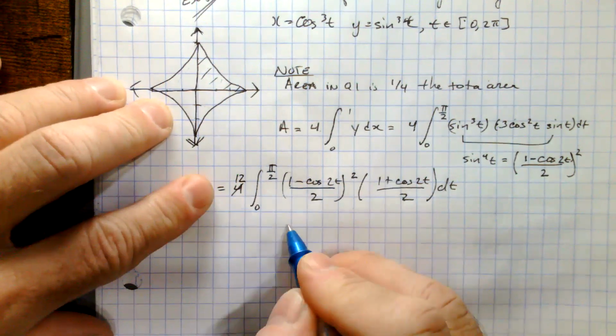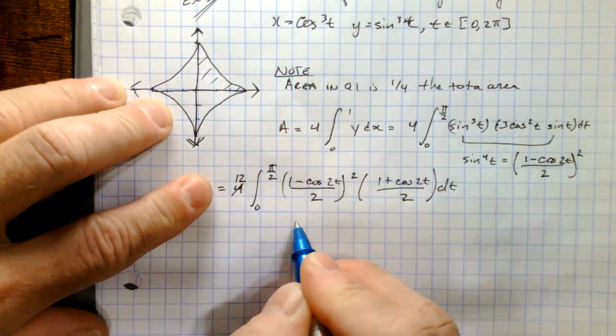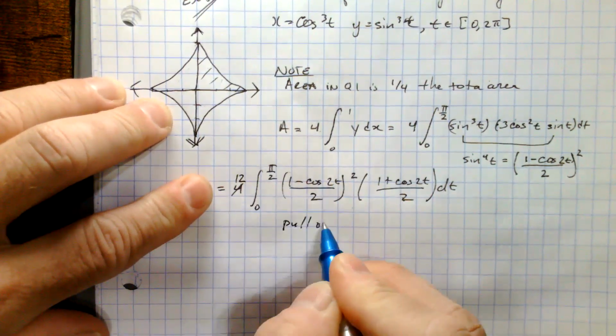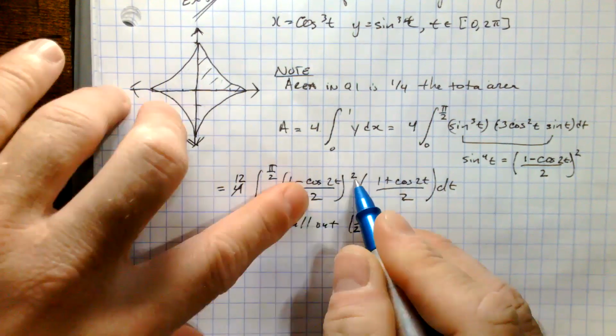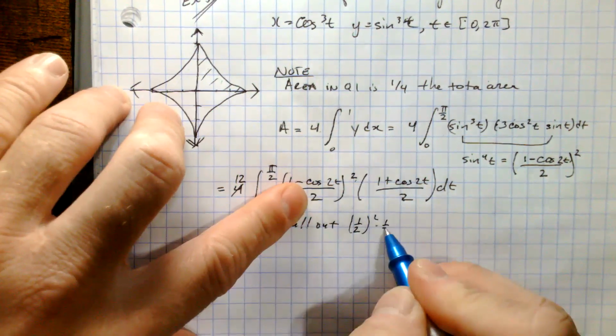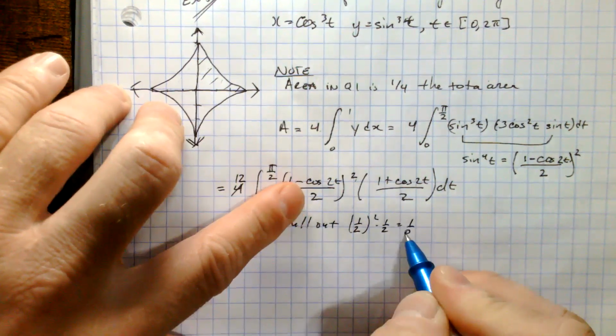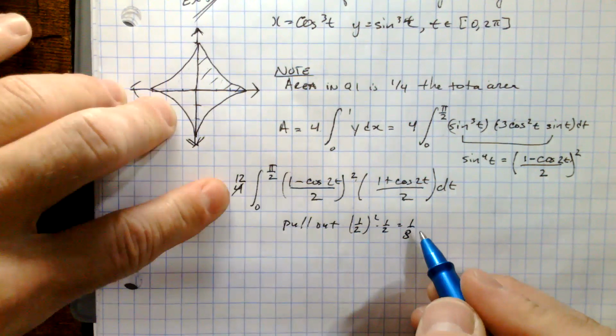So I'm going to pull out a 1 over 2 squared, that's coming from here, and then 1/2 there. So 1 times 1/2, that's going to equal 1/8. Also reduce this to 3 over 2.